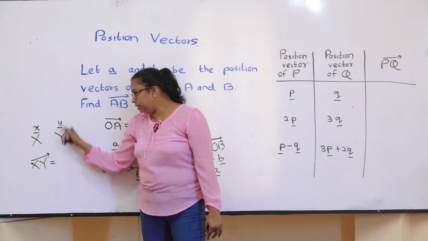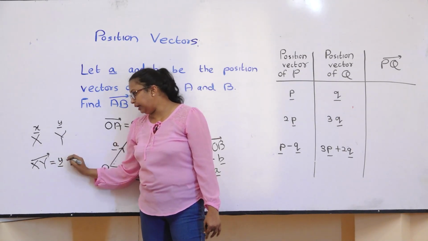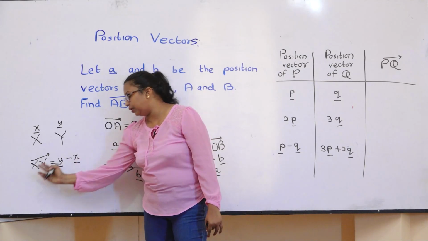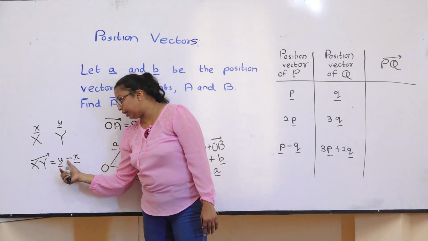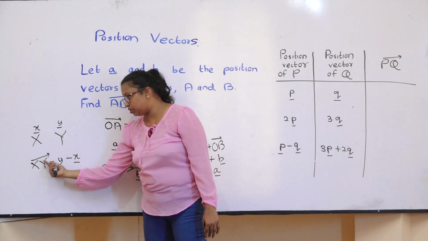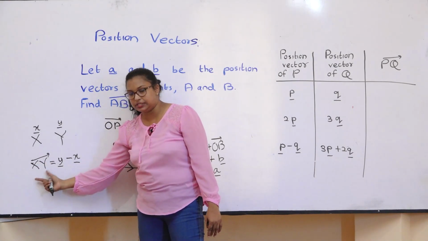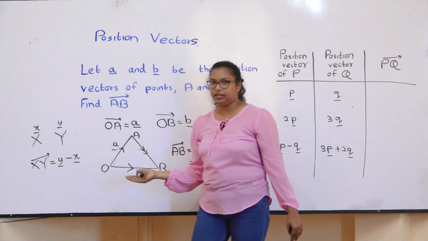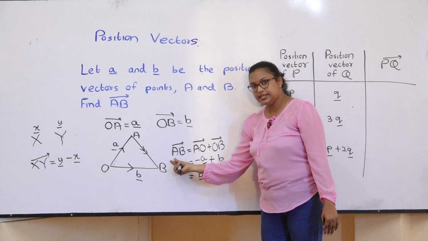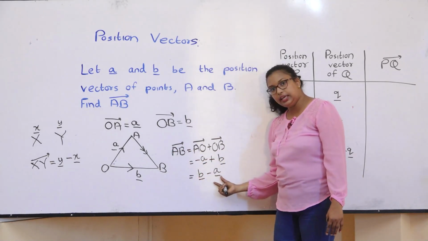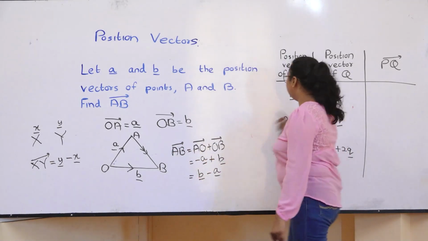OY means Y, XO means minus X. So XY is Y minus X. Understand the pattern. XY, you are getting Y minus X, position vector of Y minus position vector of X. That means you can write that directly. Here see AB, B minus A. Okay, now let's try out this one.